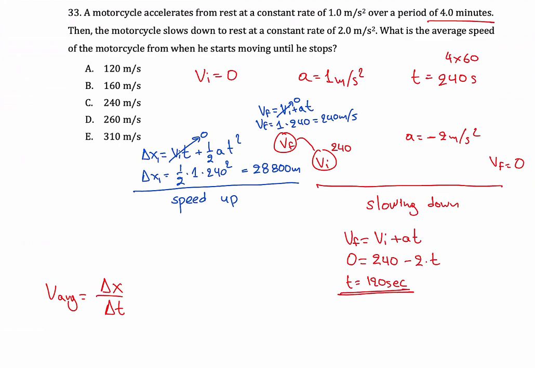And the delta x is equal v initial t plus 1/2 at squared. The v initial is 240, the time is 120, minus 1/2. The acceleration is 2. The reason why I put minus is because we're slowing down, multiplied by 120 to the power of 2. Just give me a minute for this calculation.